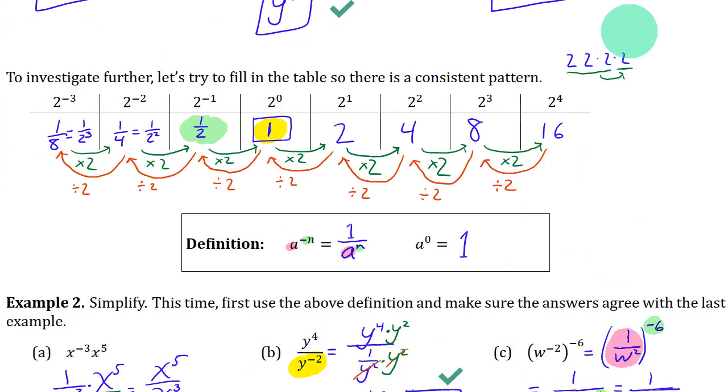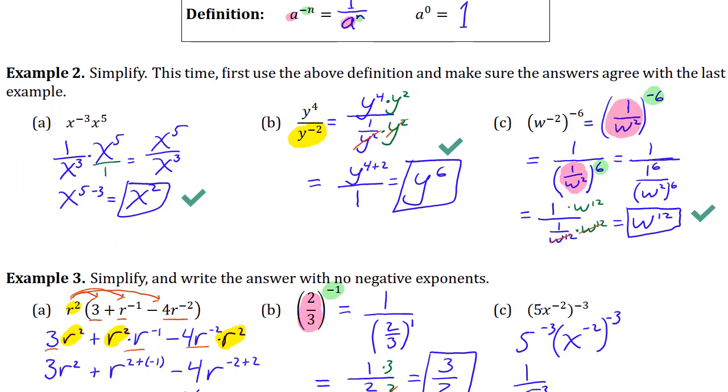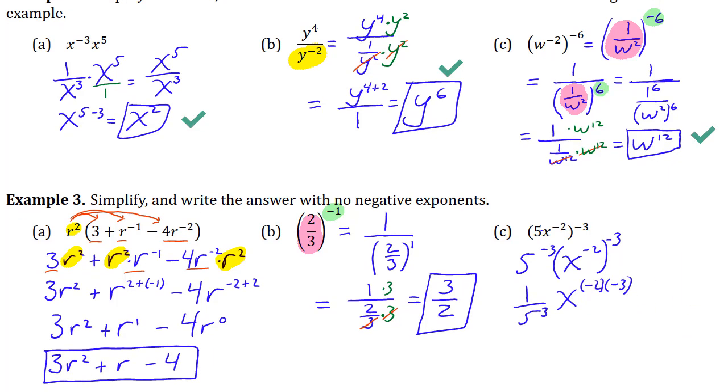We're going to multiply those powers to do x to the power negative 2 times negative 3 in the exponent, which is just going to be x to the 6. So we have 1 over 5 to the power 3 times x to the power 6.